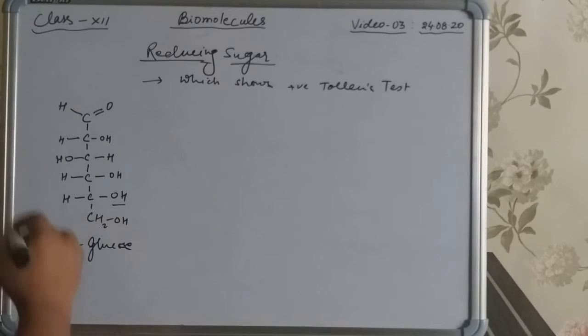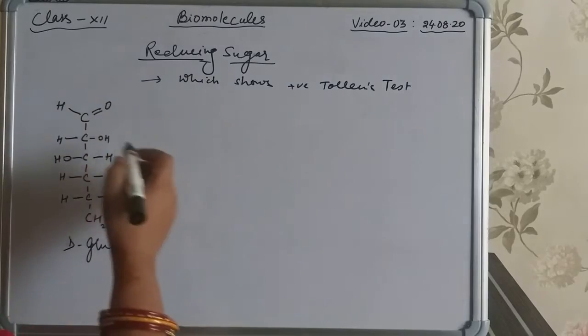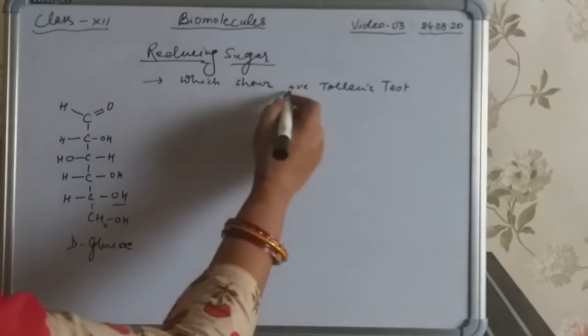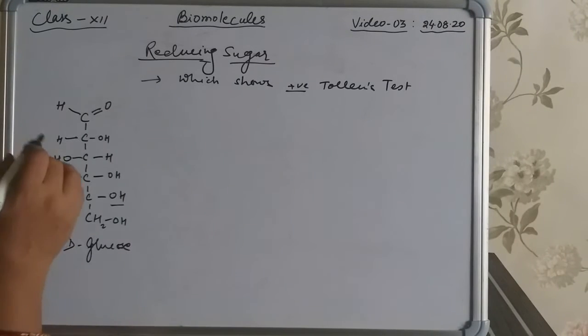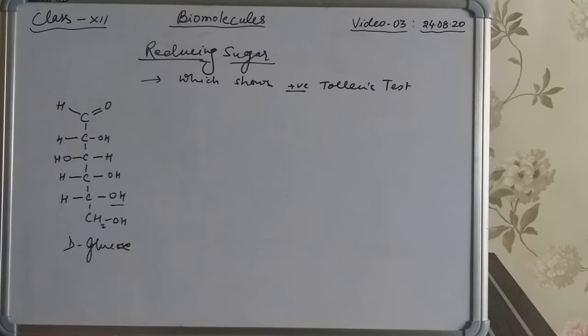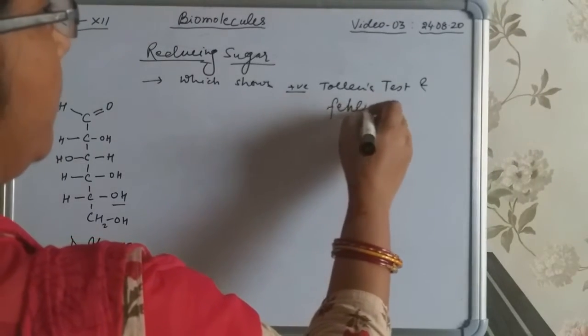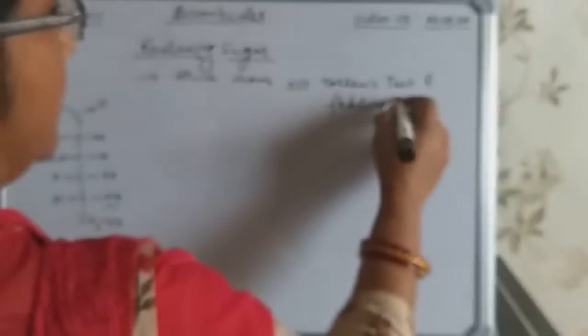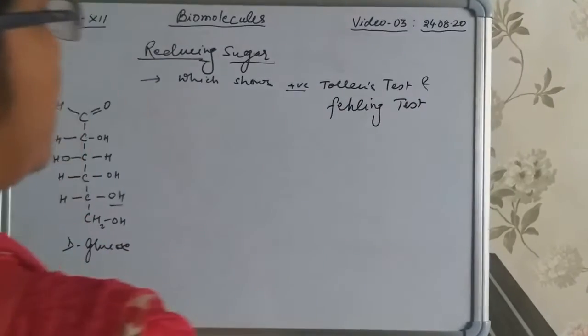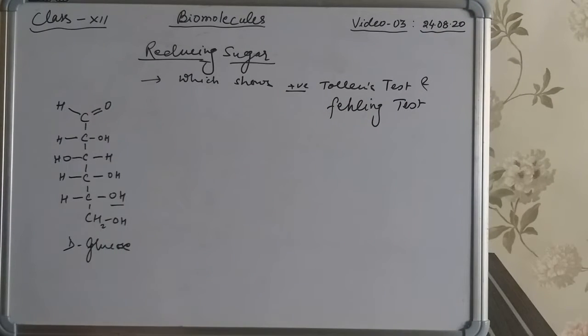Whenever the compound is treated with the Tollens test, if it shows a positive Tollens test, that means it is a reducing sugar. The Tollens test and the Fehling test, because we all know about them: Fehling solution and Tollens solution, when treated with aldehyde compounds, give a positive test.